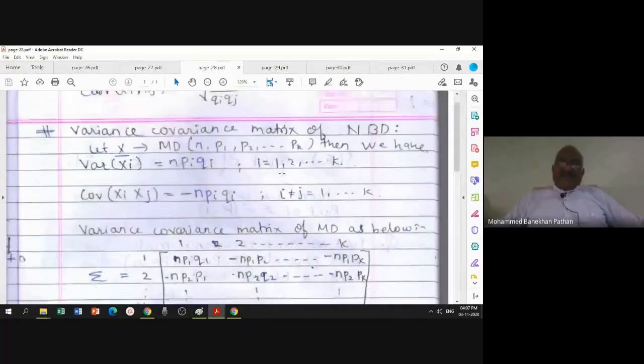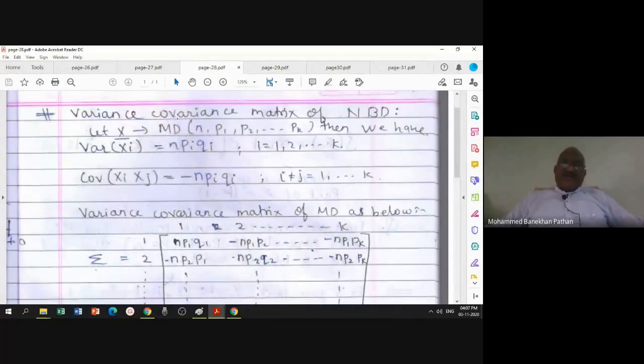Let us proceed ahead. Variance covariance matrix of the multinomial distribution. Let the X vector follow the multinomial distribution with parameters n, comma, p1, p2, dash dash, pk. Then we have variance of xi equal to n times pi qi, i from 1 to k.